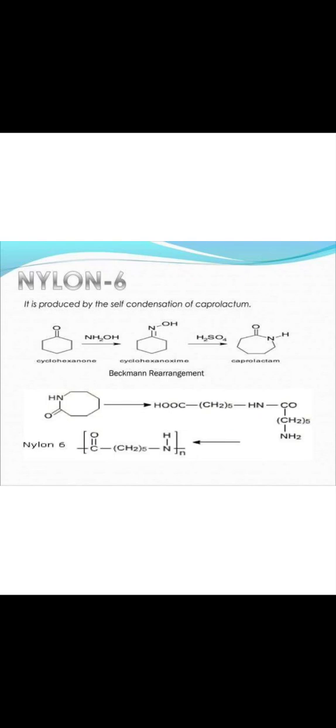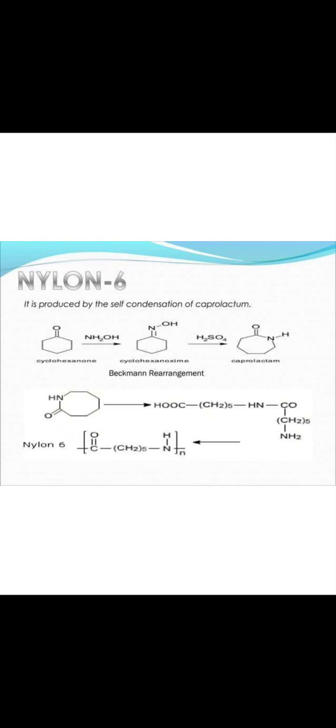Next we have the second important type of nylon, that is nylon 6. Nylon 6 is produced by the self condensation polymerization of caprolactam. Here the initial molecule is cyclohexanone, which undergoes reaction with NH2OH to give cyclohexanone oxime.